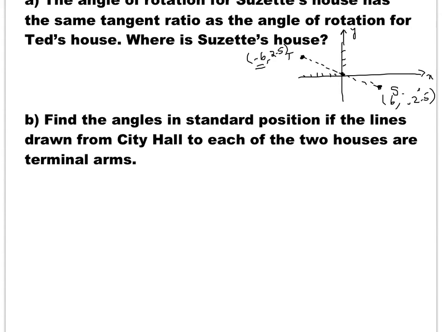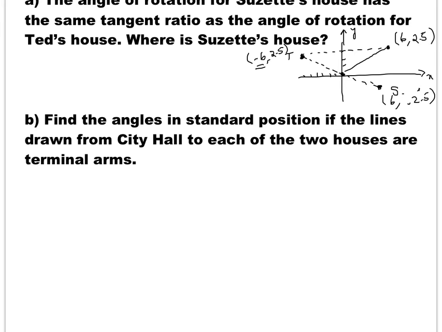Now the next question says, find the angles in standard position if the lines drawn from the city hall to each of the two houses are terminal arms. To find the angles in standard position, we are going to reflect this point to find the reference angle. So I'm going to reflect this one on the y-axis, so I'm going to get a point which is 6 and 2.5, because now your x value is going to be positive.